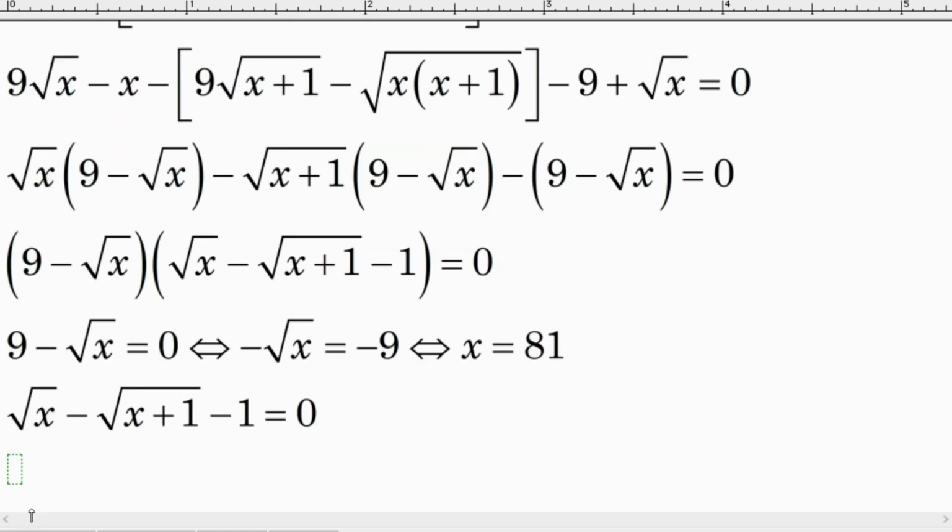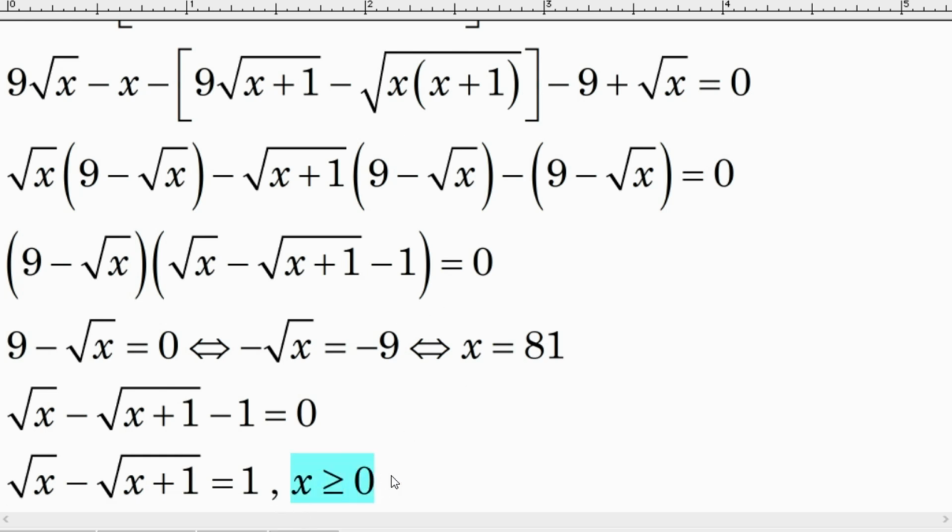So then we will get square root of x minus square root of x plus 1 equal to 1. But for this equation, as we know, x is always greater than or equal to 0. That means square root of x is smaller than square root of x plus 1.